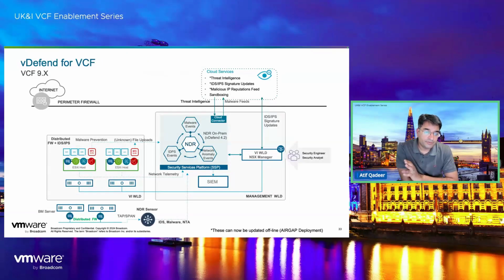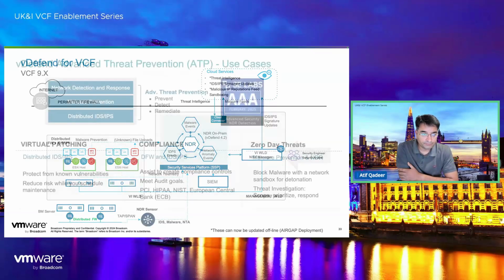So what we are trying to say is that once you realize a VCF architecture, we can actually provide a SOC operation. We can actually push all these logs to your SIEM as well, and we can expedite a full ATP and NDR scenario to basically protect the whole VCF architecture end to end by combining these technologies and solutions in this ecosystem.